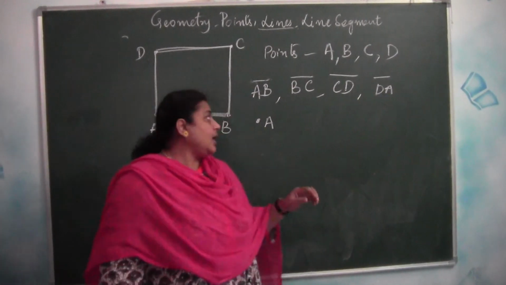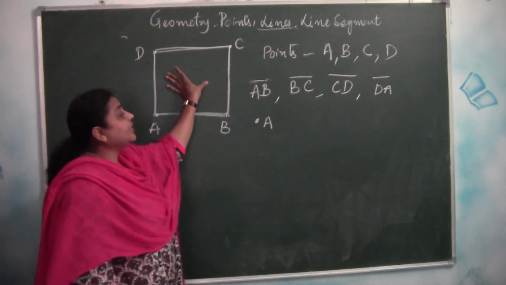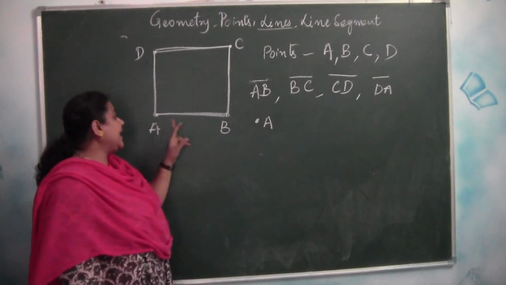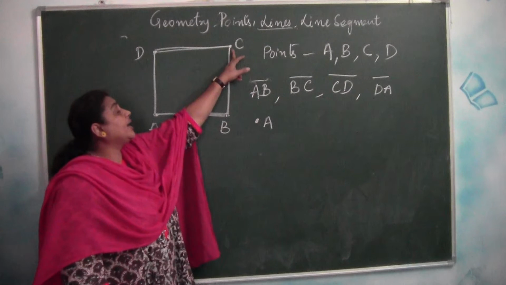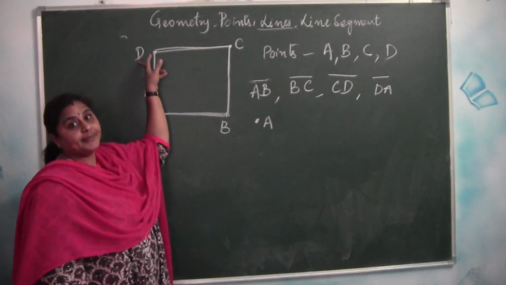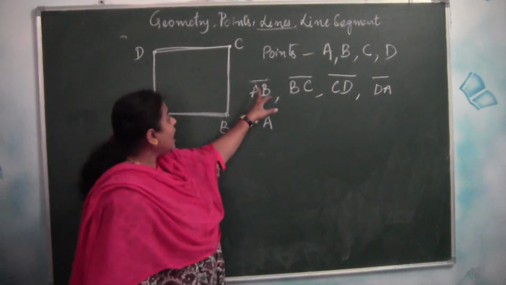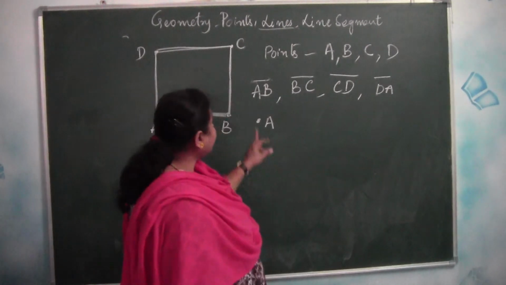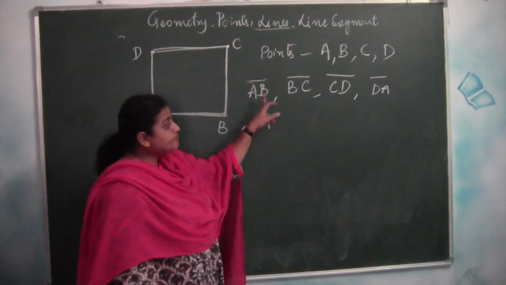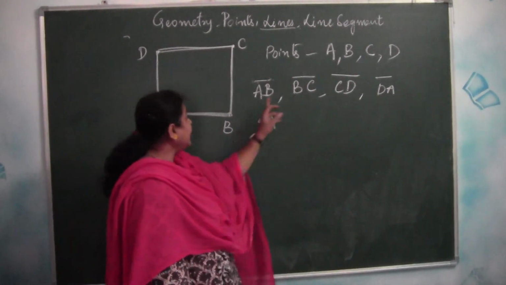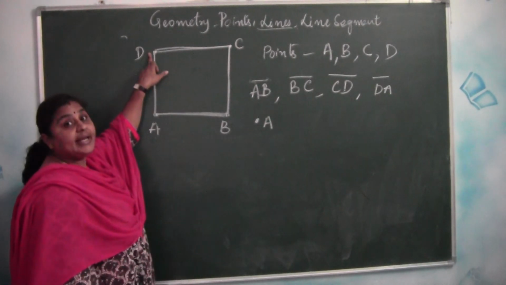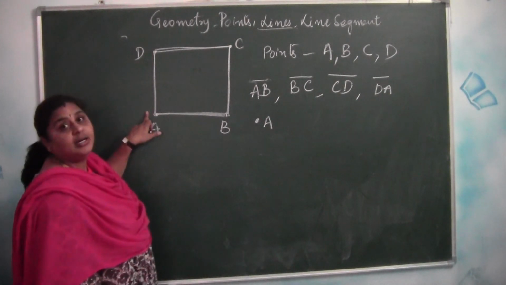Got it, children? If you take a geometrical figure, point A, point B, point C and point D, how do we represent the line segments? Line segment AB, line segment BC, line segment CD and line segment DA.